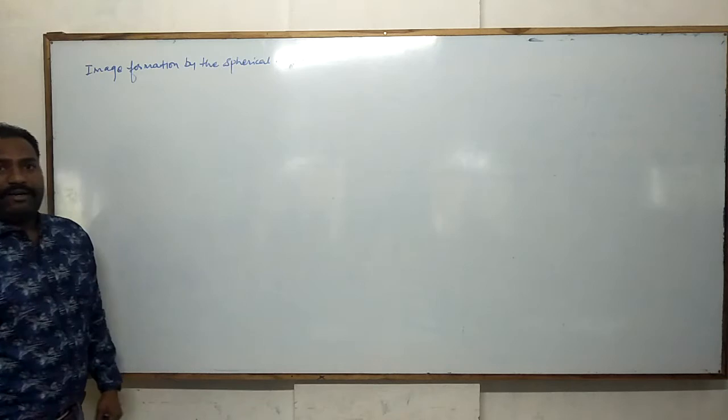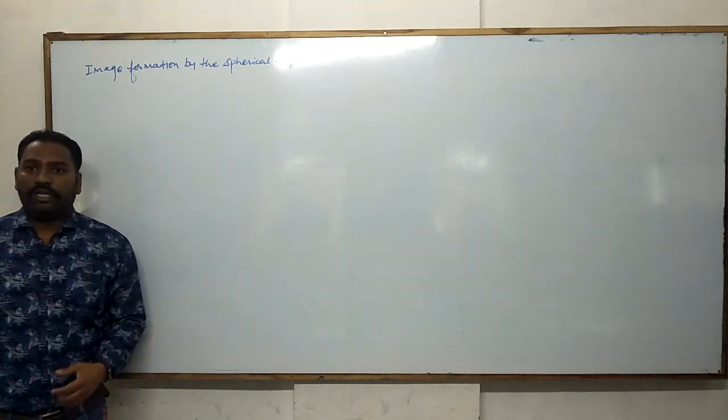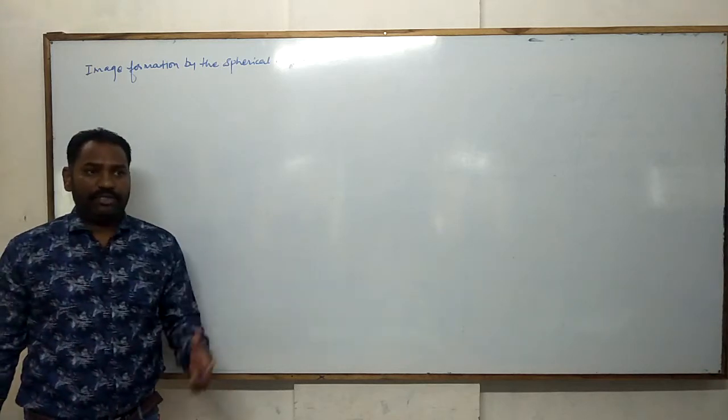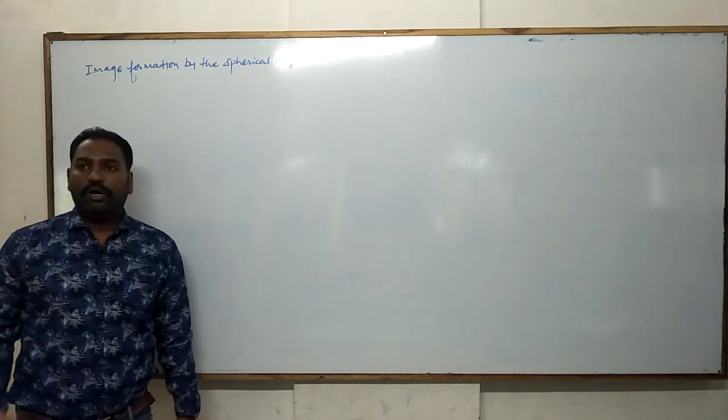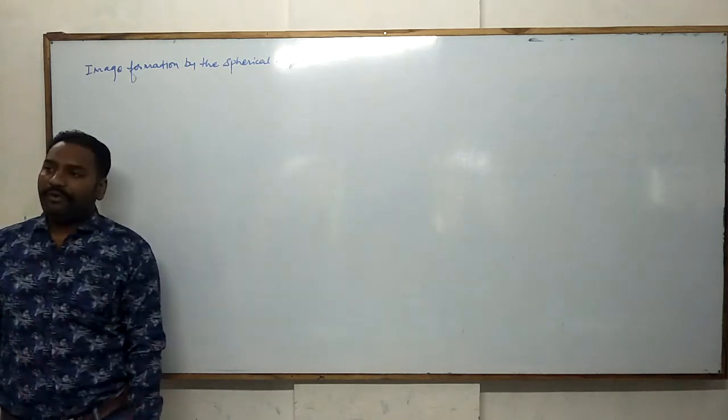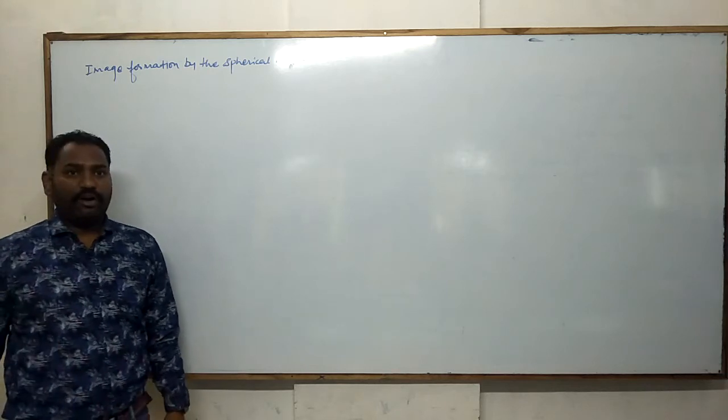There are totally 6 positions, and on the basis of those we can form different types of images. First of all, we have to see the object position, then the image position, and then what will be the nature of the image.